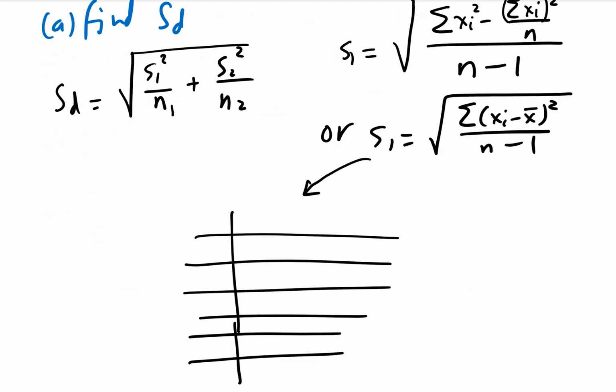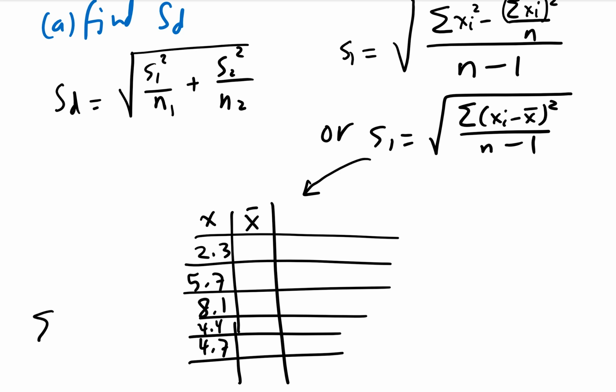first value 2.3. So these are the x values: 2.3, 5.7, 8.1, 4.4, 4.7. Then x bar, the mean. We have to find the mean for this. The mean, you all should know, is found by adding all of them: 2.3 plus 5.7 plus 8.1 plus 4.4 plus 4.7.